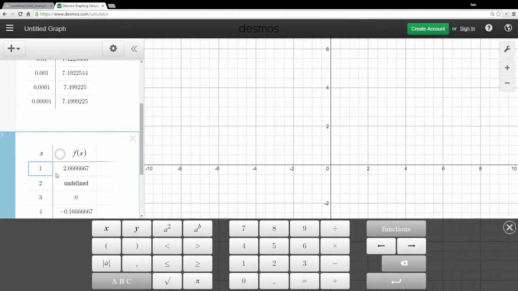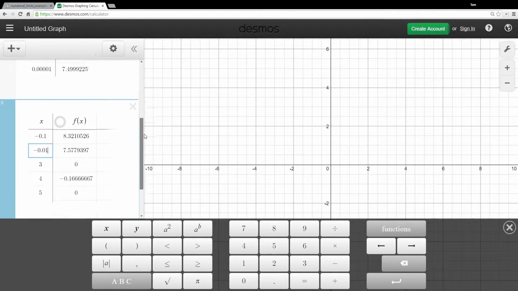Now I'm going to start plugging in numbers that are close to 0, but on the left side of 0. So that would be negative. Negative 0.1 is on the left side of 0, pretty close to 0. Then all I need to do is make those numbers get closer and closer to 0.